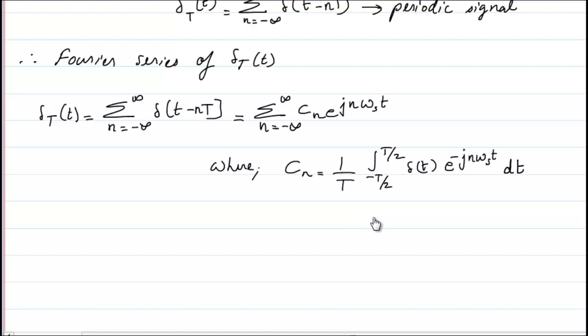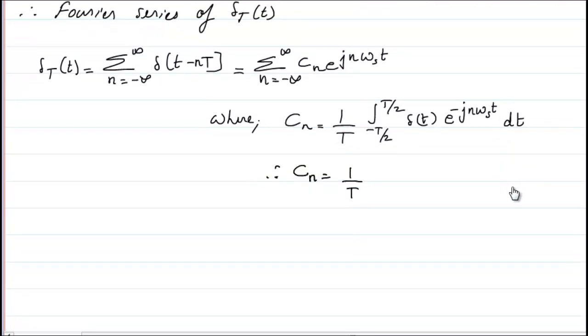We know that integrating the delta function we will always get the answer 1. So based on that, this portion will become 1. So basically I will get the value of c_n as 1 by T.